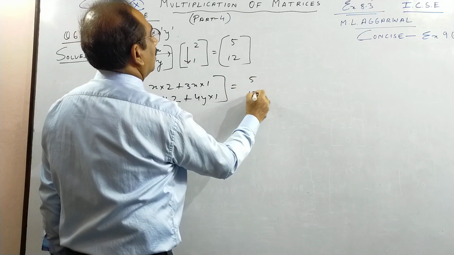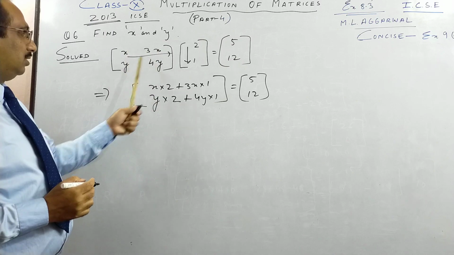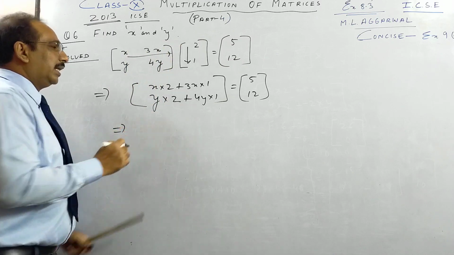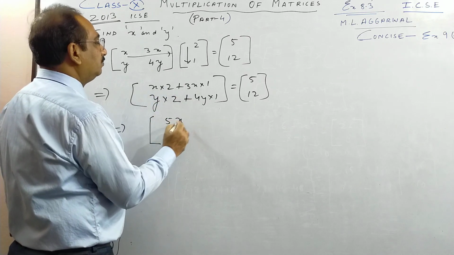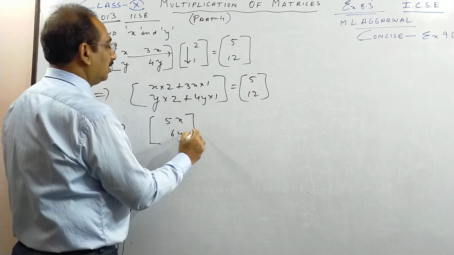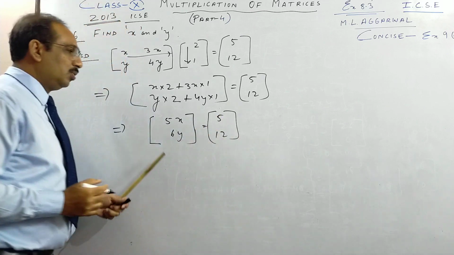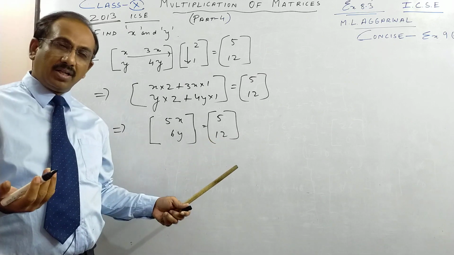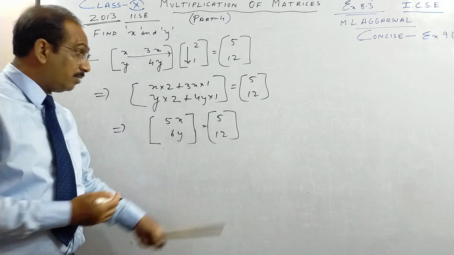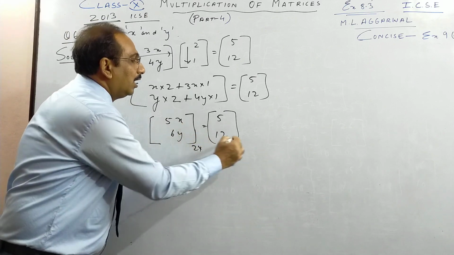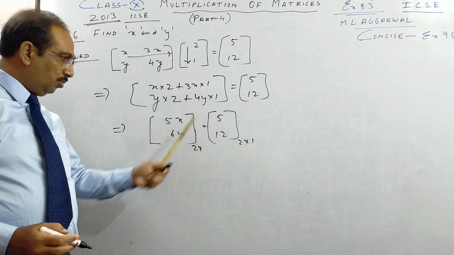One thing I have taught you in my part 2 is that two matrices are equal only when two conditions are satisfied. Equality of matrices: only when their order is the same. This is 2 by 1 and this is also 2 by 1, 2 rows, 1 column.